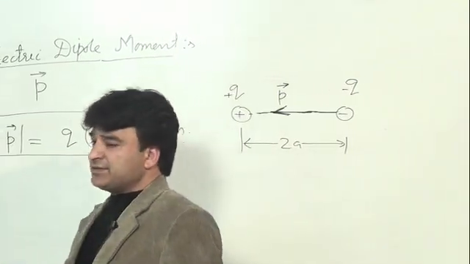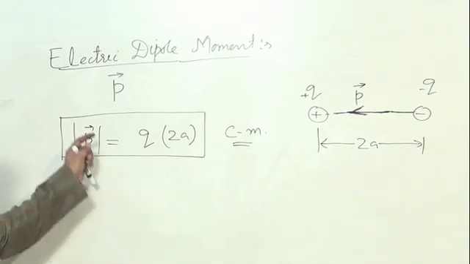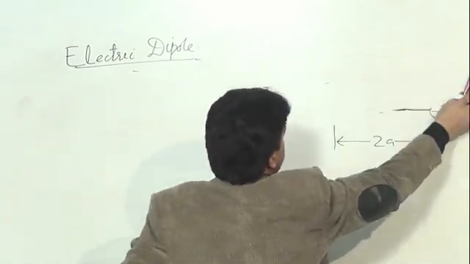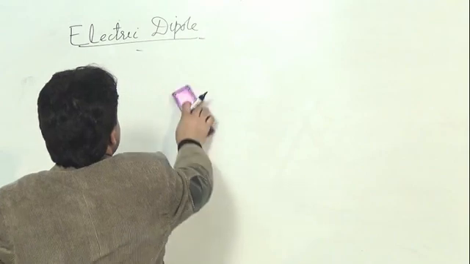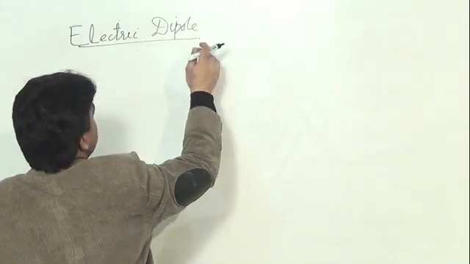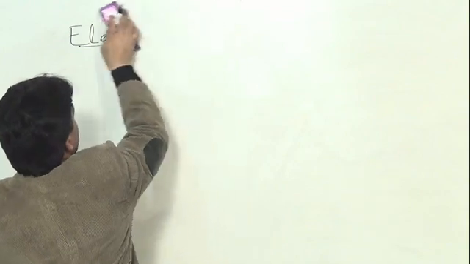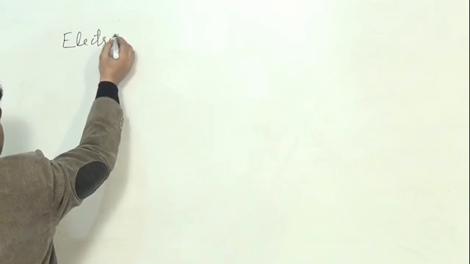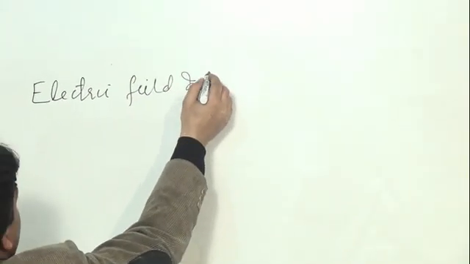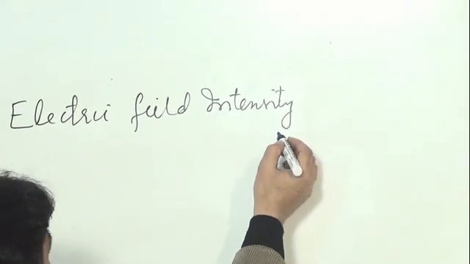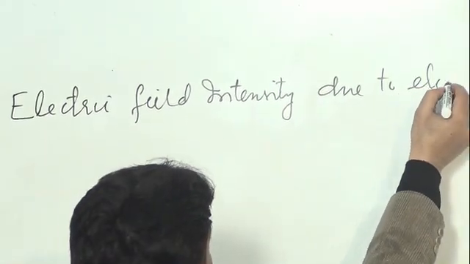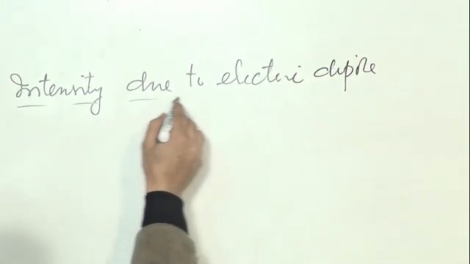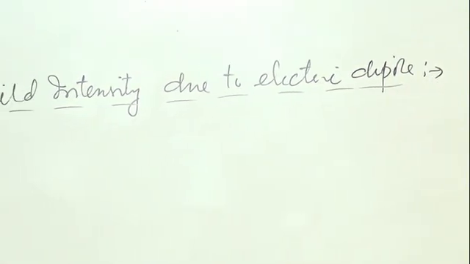Let us derive the expression for electric field intensity now due to electric dipole. In order to derive the expression for electric field intensity due to electric dipole, we consider two cases.